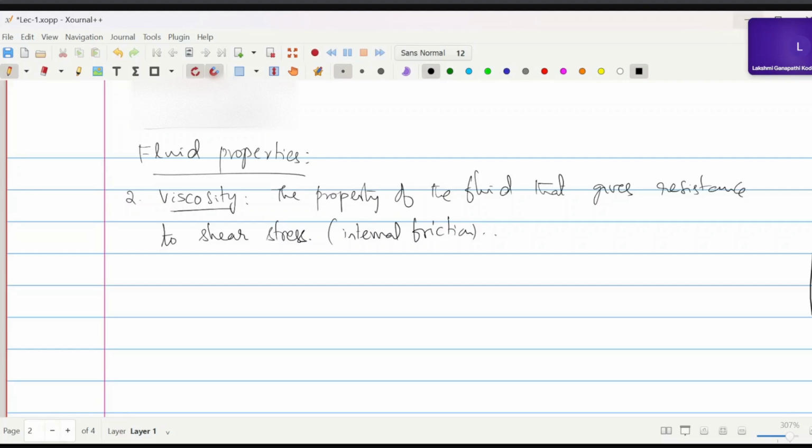What is a Newtonian fluid? We'll find out. For Newtonian fluids, the definition looks like this. That is Newton's law of viscosity.